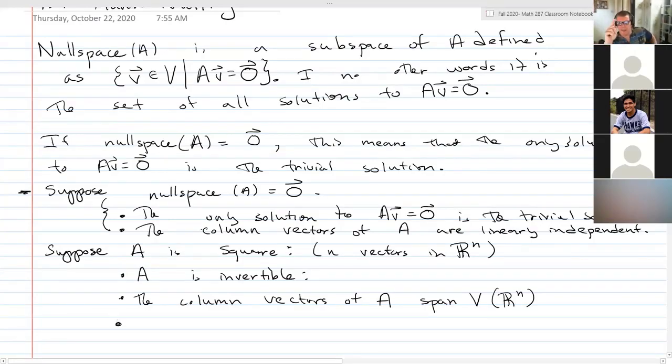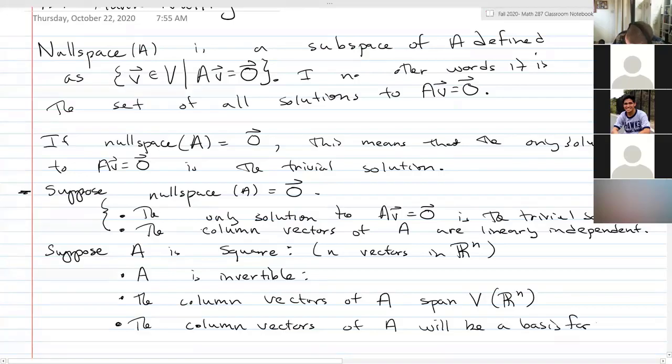Now they're going to span all of Rn. I've got n of them, n linearly independent ones. The column vectors of A will also be a basis for Rn, or for V, either one.